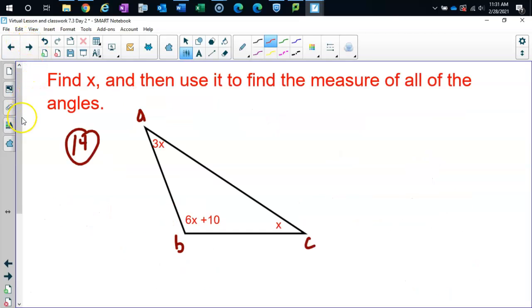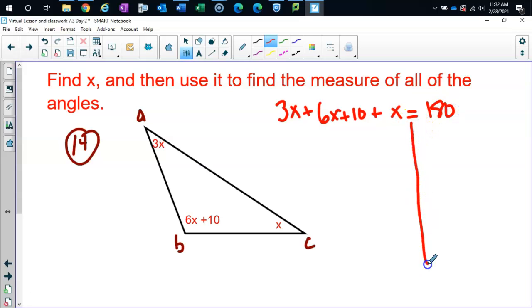All right. First thing I want you to do in this problem is find x. Go. All right. Well, what will the equation be to find x? 3x plus 6x plus 10 plus x equals 180.